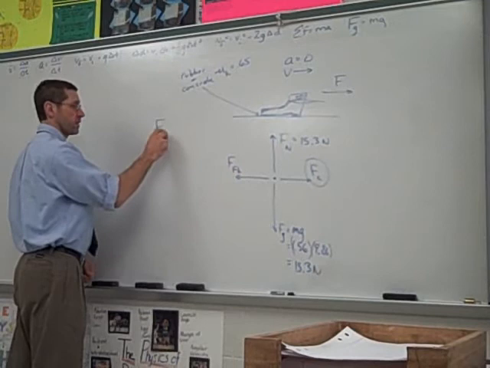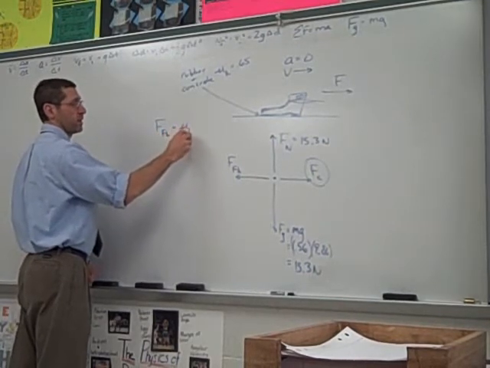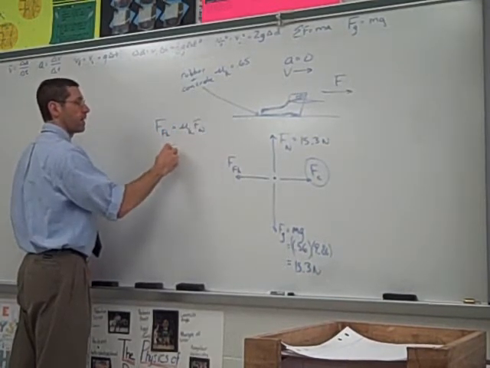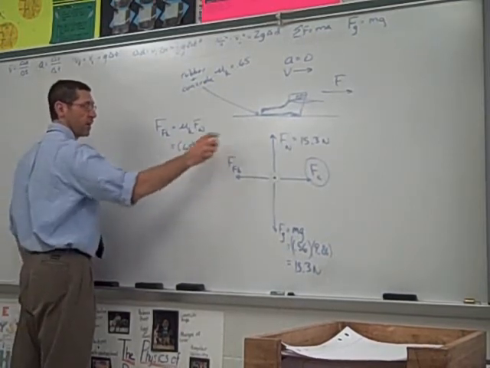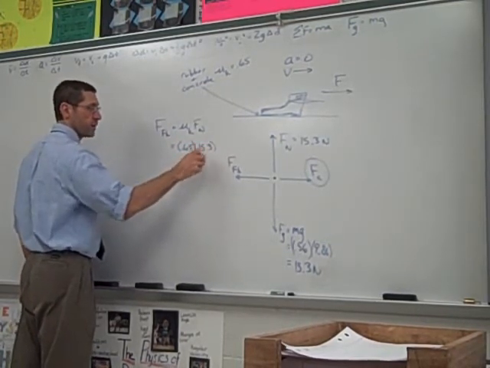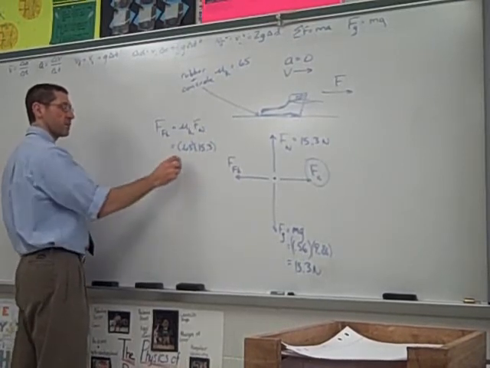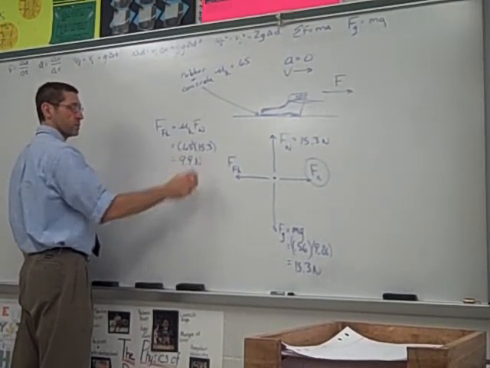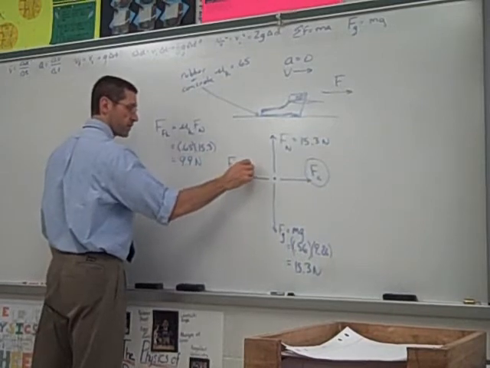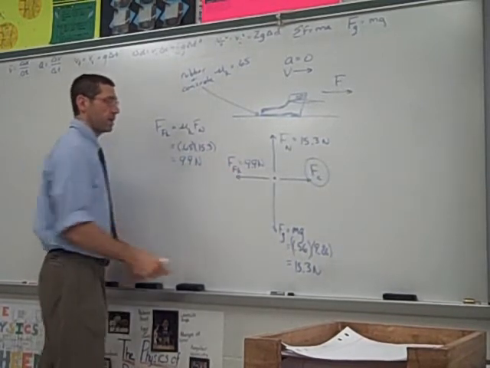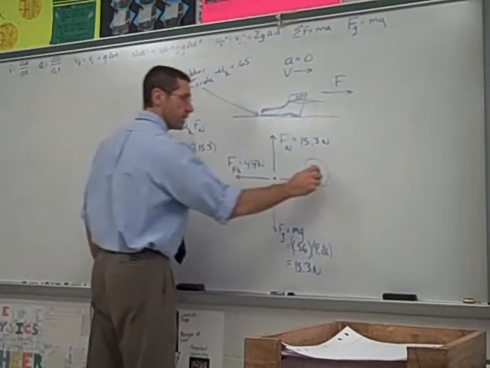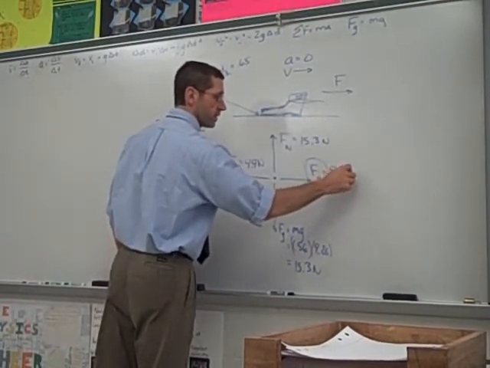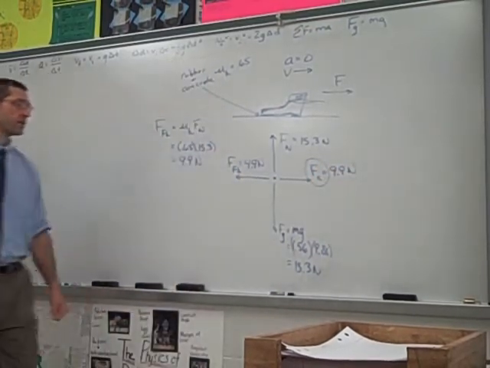The force of kinetic friction is mu k Fn, and mu k is 0.65. We found our normal force is 15.3, so the kinetic friction is 9.9 newtons. Since the forces are balanced, the force from the child is 9.9. So that's our answer, 9.9 newtons.